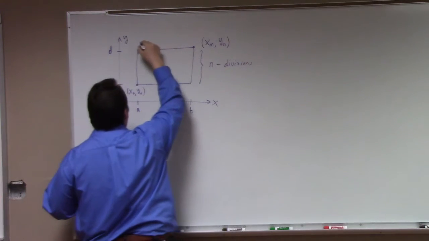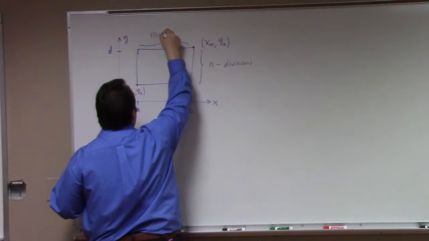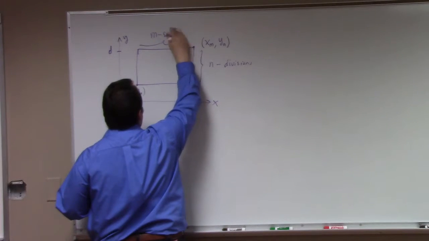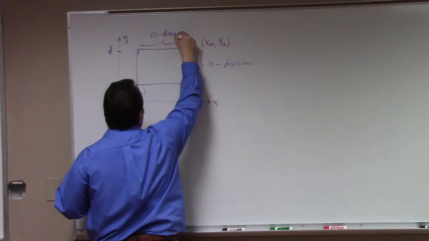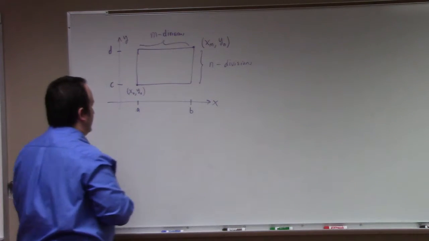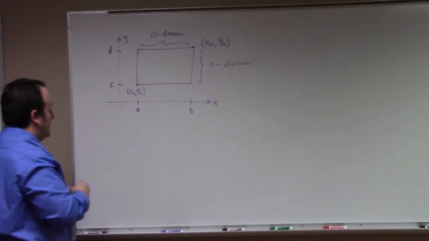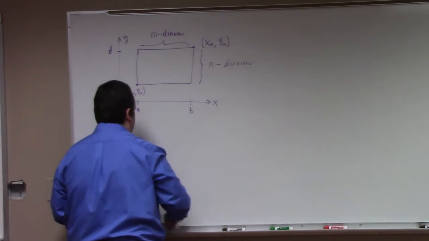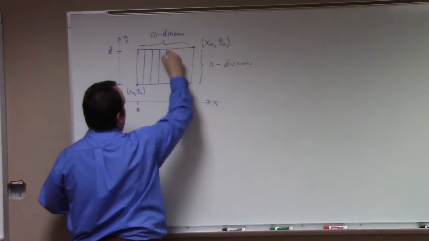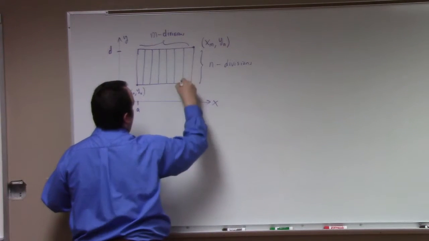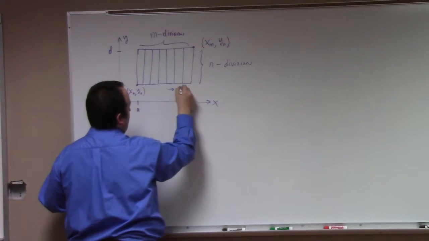And I could think about m subdivisions here. That's usually what we say. So if I chop like that, this would be my delta x.